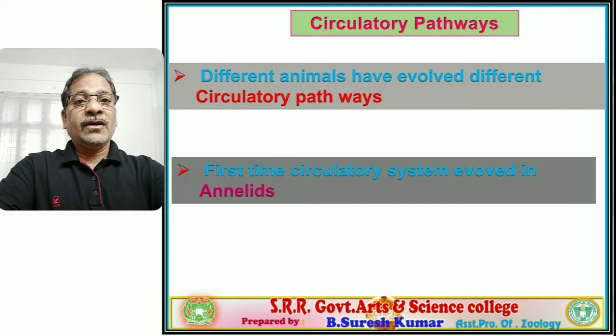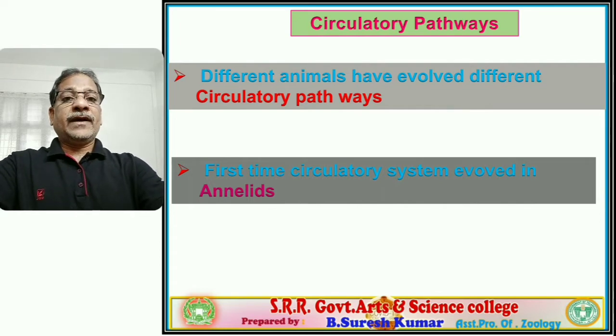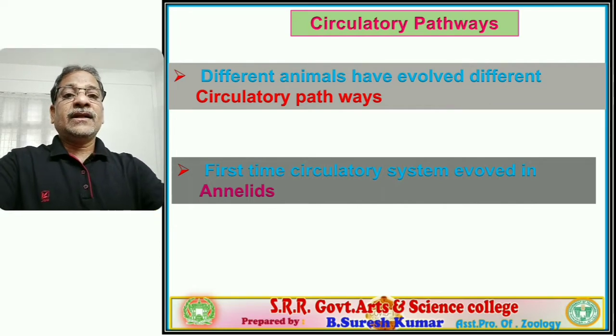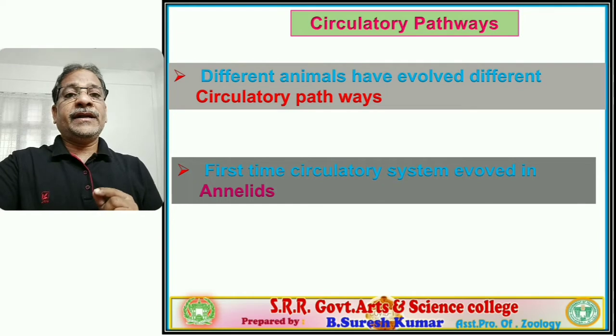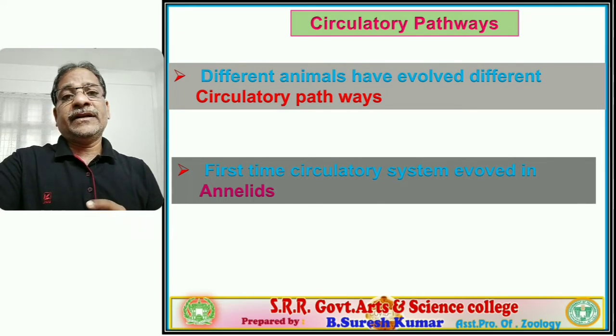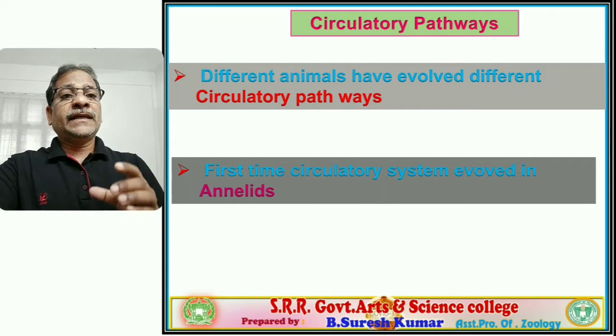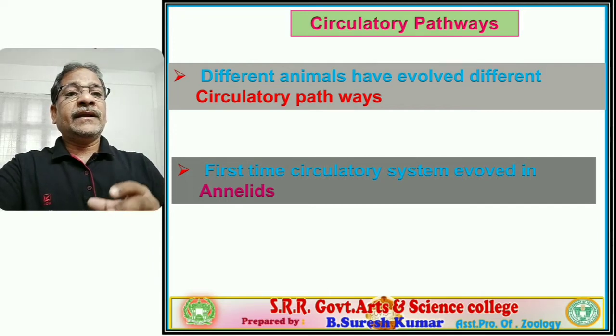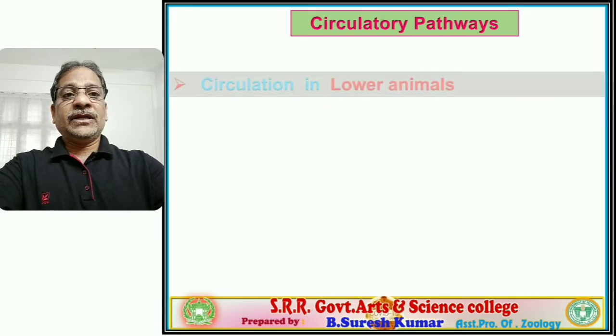In the non-chordate group, the phylum Annelida is present. The phylum Annelida contains earthworms, Sabella, Nereis, and like that. So in annelids, the circulatory system was first established.